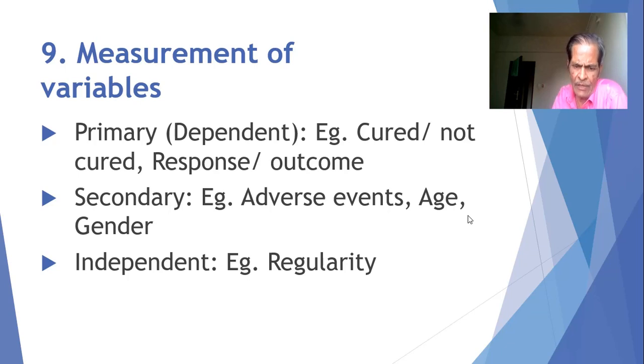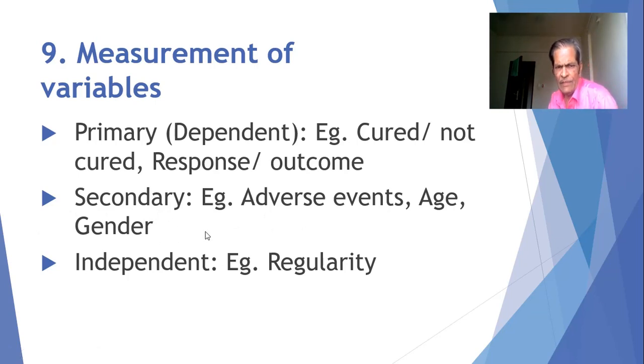Some of these require repeated measurement. For example, gender is a variable which will be recorded only once. If it is a long clinical trial, long meaning more than 1 year, the age may be repeatedly recorded. So some variables may require repeated ascertainment, while some variables like gender require ascertainment only once.